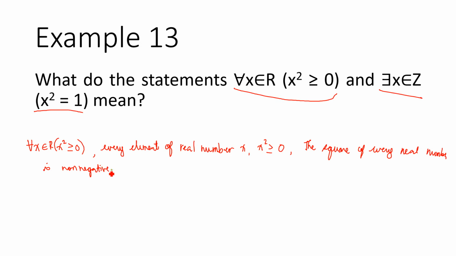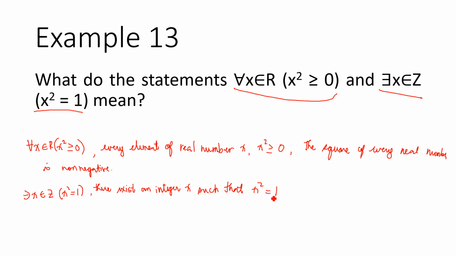And then if you have this one, there exists x element of the integers, x squared is equal to 1. This means that there exists an integer x such that x squared is equal to 1.